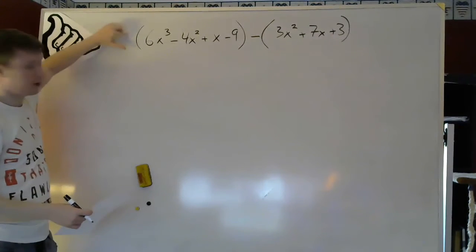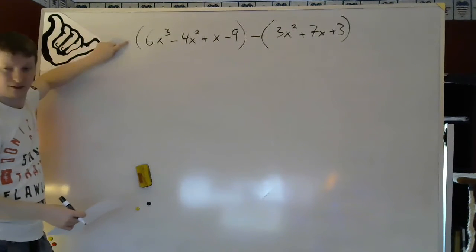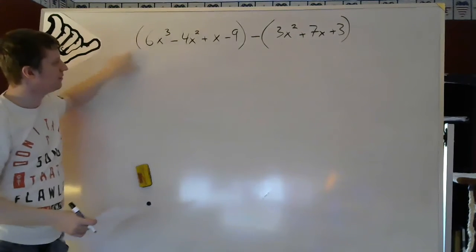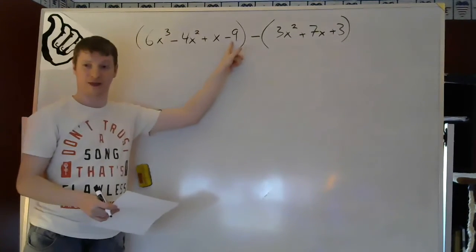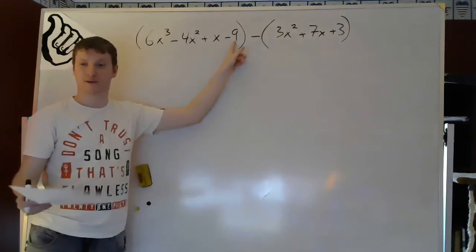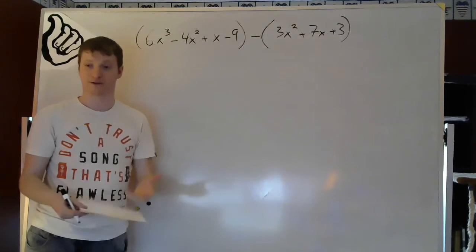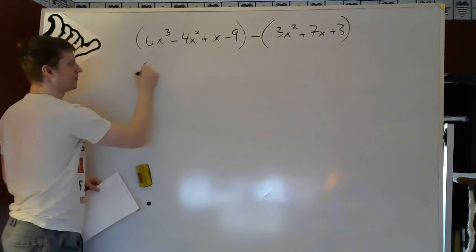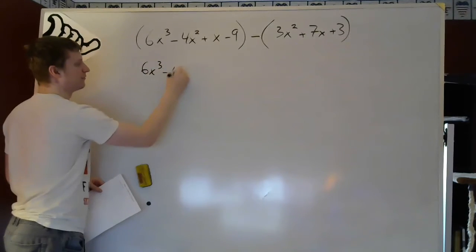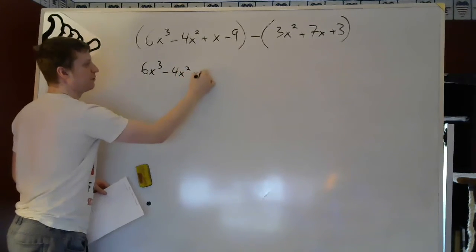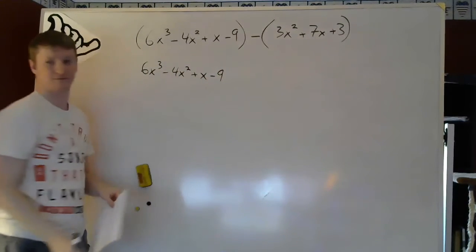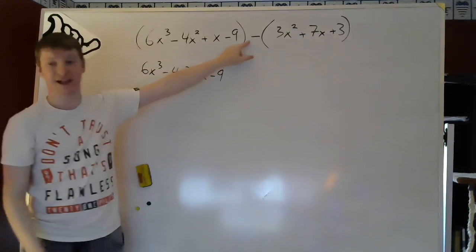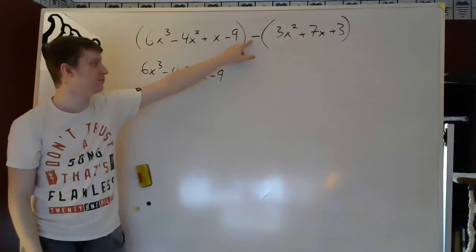In front of the first polynomial, I've got a 1. I don't write it, but it's there. So we can distribute the 1 in to everything, and that'll get rid of the parentheses. Again, remember from the last problem, if you distribute a positive 1, nothing changes. So here, nothing changes: 6x cubed minus 4x squared plus x minus 9. For my other one, however, I'm distributing a negative 1 this time, not a positive 1.